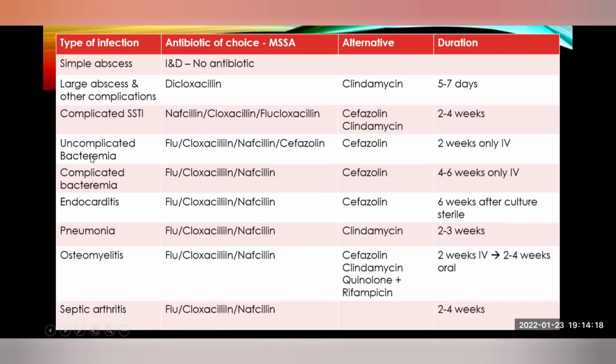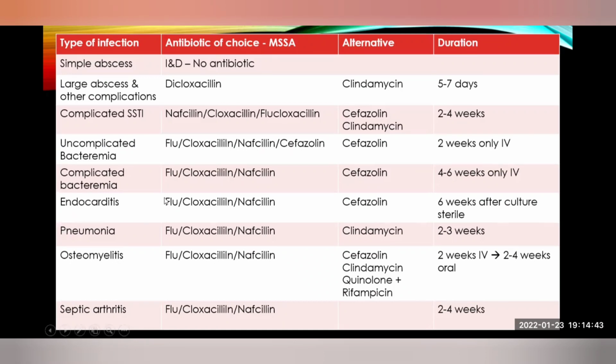And it should be noted that whenever the patient is having bacteremia, the entire duration of the treatment should be by the parenteral route, and there is no parenteral to oral shift. Again, these are subject to various studies looking at shorter treatment as well as early shift to oral.